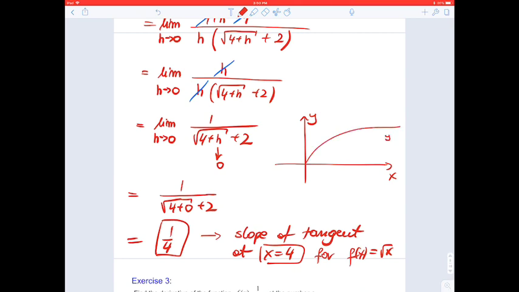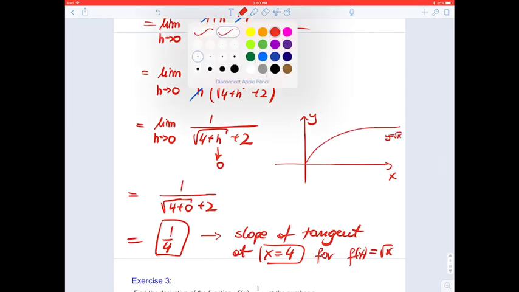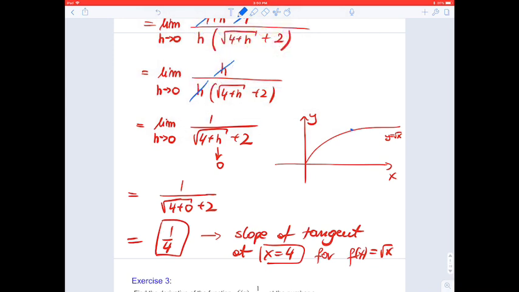That means this is my function square root of x, and if I would like to find a tangent at 4, this is that line, and slope is 1/4. That means if you will have another question, what is f prime at 4 for the function square root of x, you have to find the derivative. It's 1/4. It's the slope. Okay? It's not 2.